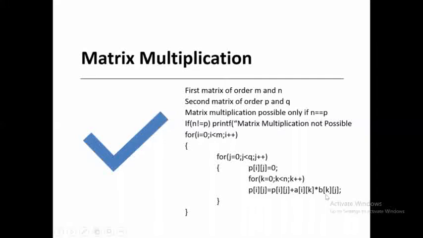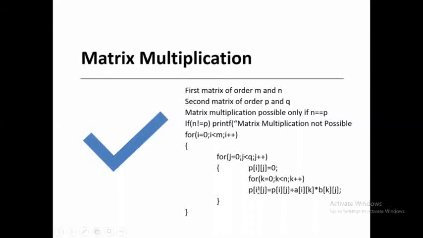The k value is 0, and the j value is 0, right? So B of 0, 0 value is 3. That's why P of 0, 0 is assigned by 0 plus 1 into 3. So 3 plus 0, the resultant is 3. So this resultant matrix is going to store all the matrix multiplication, whatever result it gives, that value it's going to store in the resultant matrix.